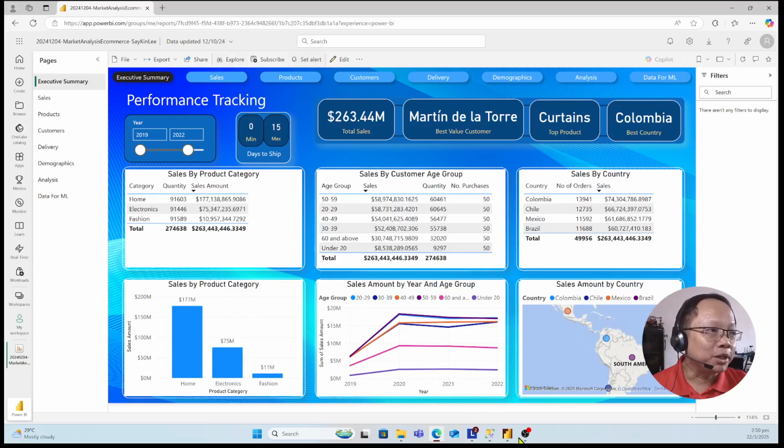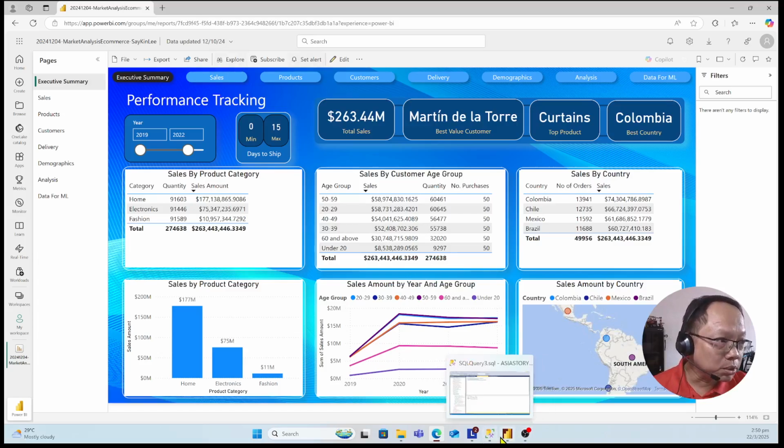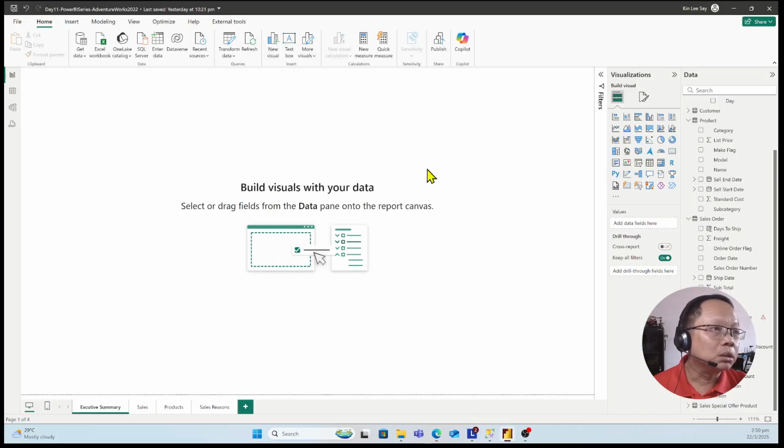Okay, let's get back. We stopped somewhere around here with some graphs which I have deleted. I think it's a stacked clustered column chart, sorry, around here, and I also have a slicer.